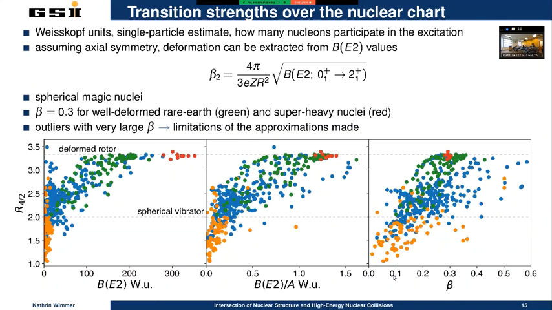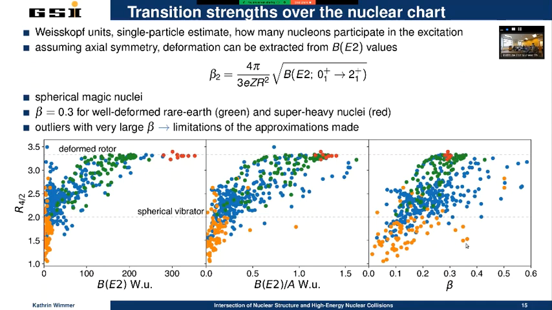And on the rightmost panel, instead of the BOV2, I extract in a rotational model the beta from the BOV2. And for the deformed nuclei, this works very well. So you see all the ones which are at an R4-2 ratio of around 3.3 have beta deformations of around 0.3, which is a strongly deformed nucleus.